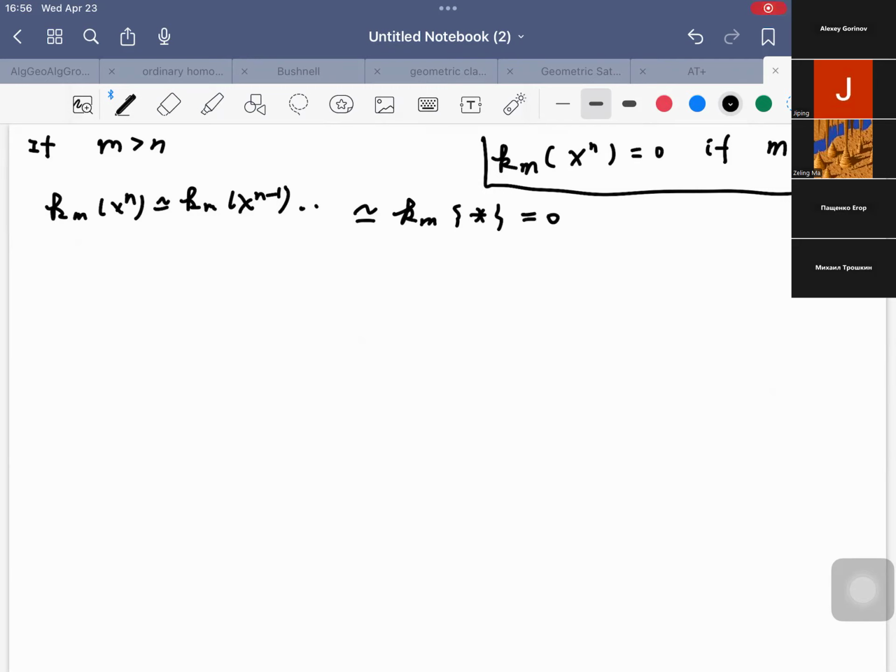So the most difficult part is the third part, if m is less than n. Any question?